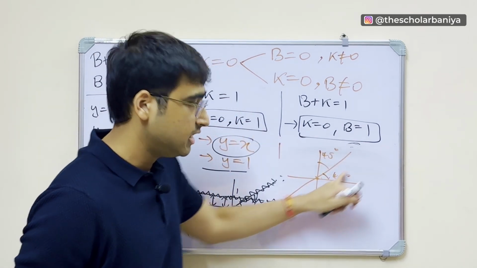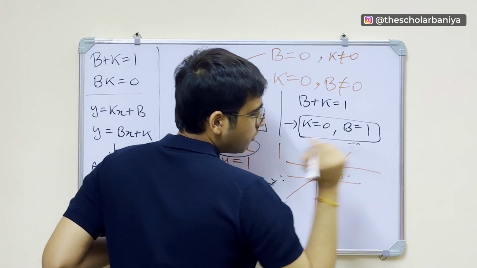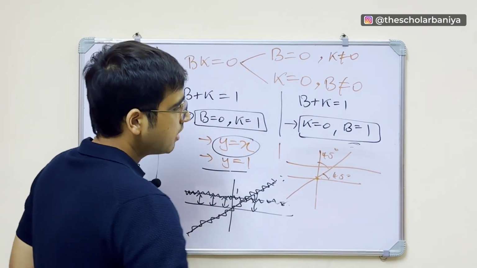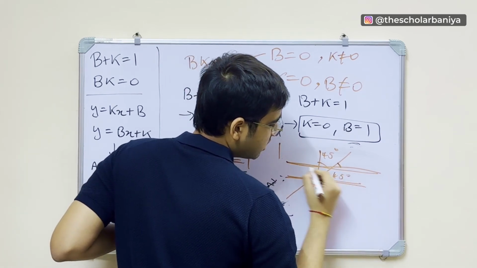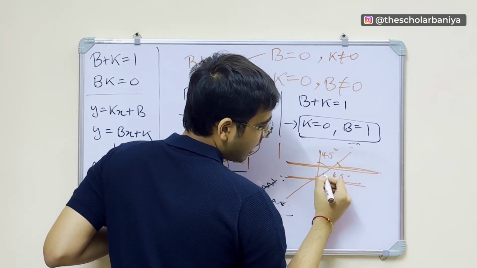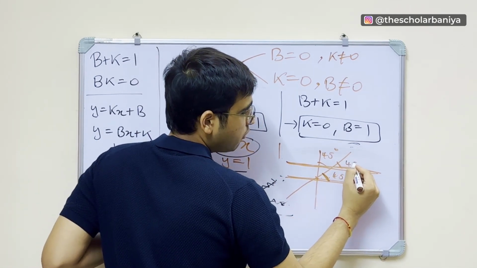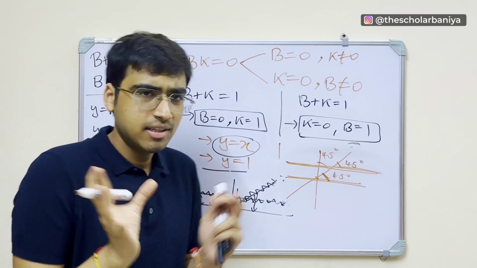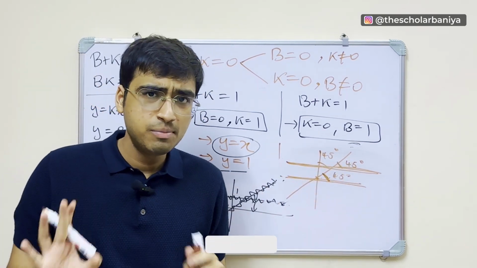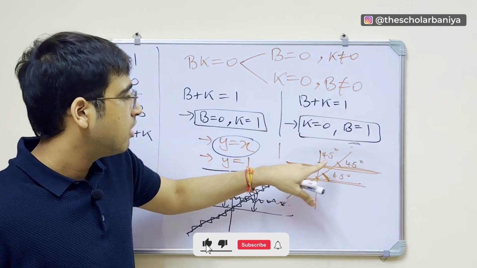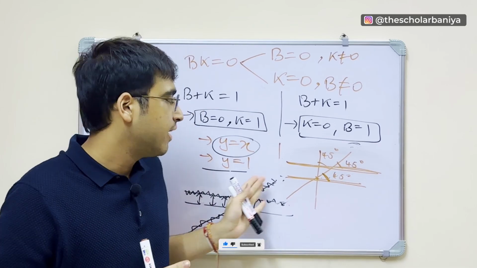What is y is equal to 1? y is equal to 1 is some line like this. So we can also see that these are two parallel lines. This line is parallel to this. So this angle and this angle will be equal, corresponding angles. So if this is 45, this angle is also 45. I mean, there are multiple ways to find out the value of this, but I hope this should be pretty clear. So the angle between these two lines becomes 45 degrees. I hope this should be clear.